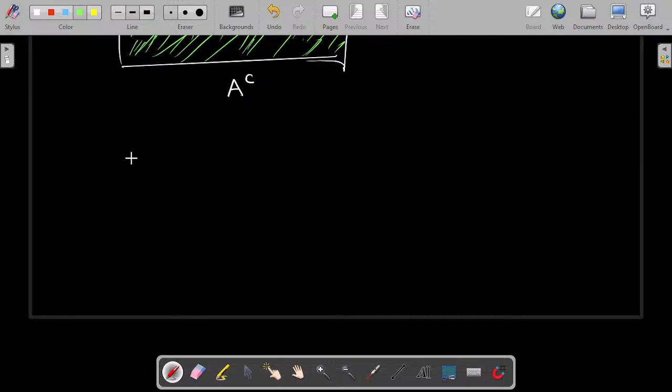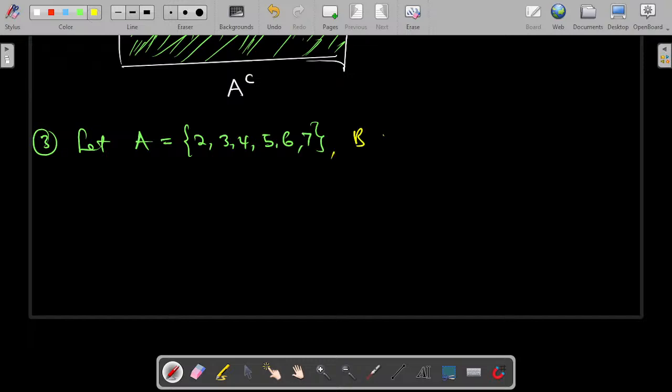Okay, so we move over to exercise 3. We are told that you are given some sets. A is the set 2, 3, 4, 5, 6, and 7. Remember, this is called the tabular form of a set. You also have the set builder notation. Set B is 2, 4, 7, and 8.